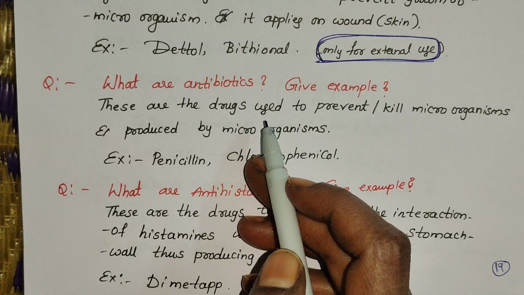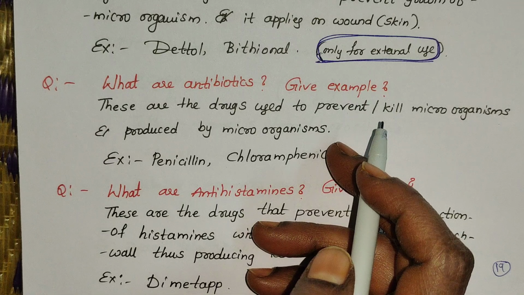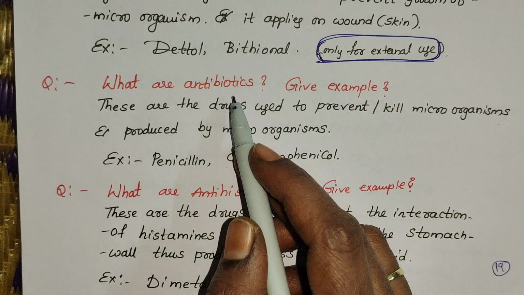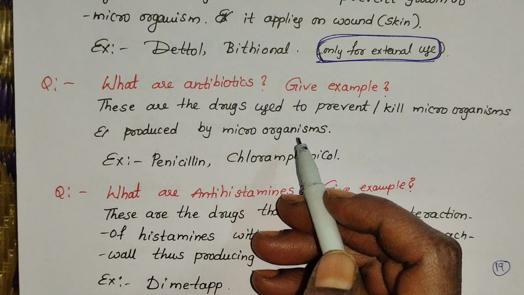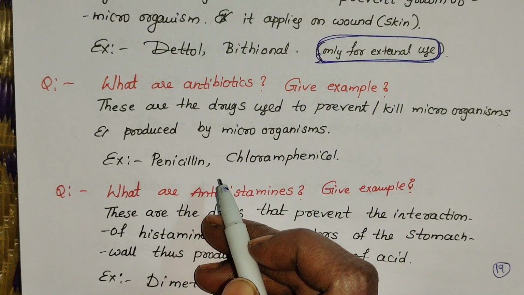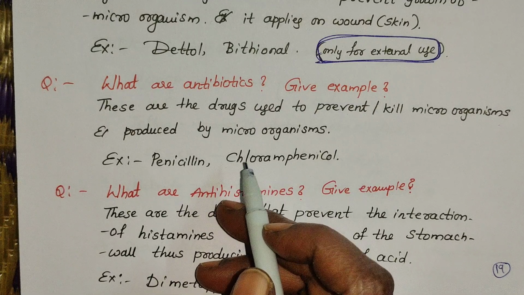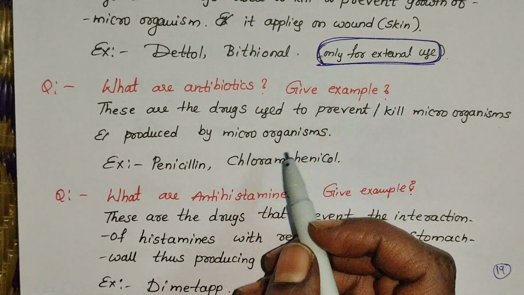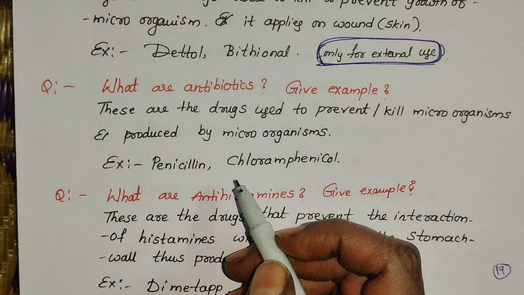The medicine we take to prevent, control or kill them, that medicine is called an antibiotic. Okay, so it is taken inside, for example penicillin tablet or penicillin injection and chloramphenicol related chemicals. So these are not applied on external skin. It is not only for external use, an antibiotic is an intaking tablet.